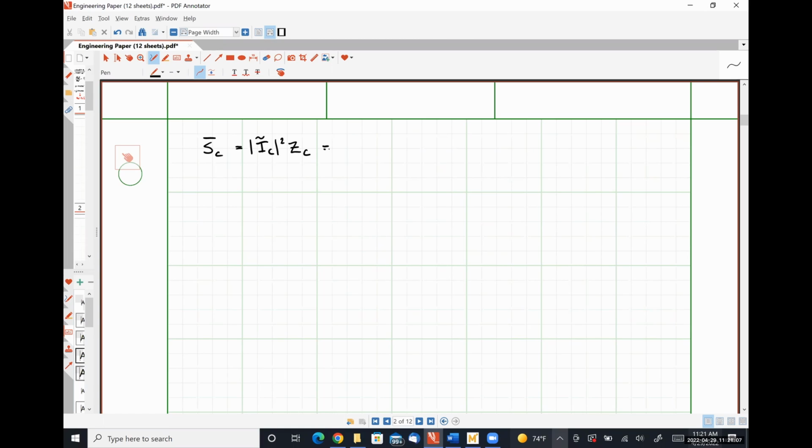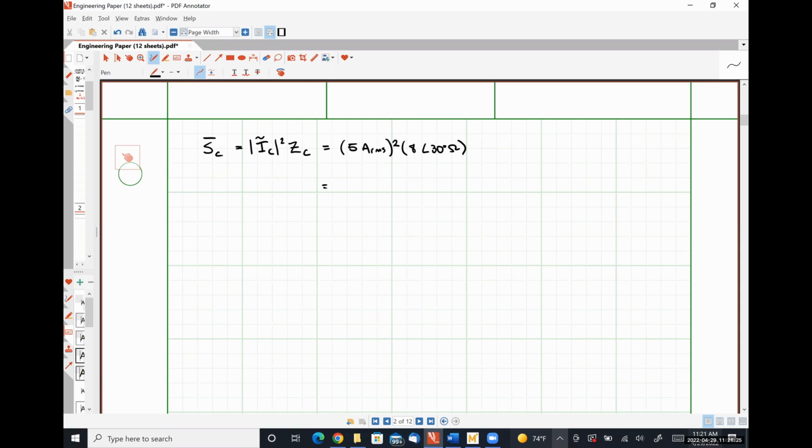Well, the magnitude of our current is simply 5 amps RMS, and ZC was simply 8 angle 30 degrees ohms.